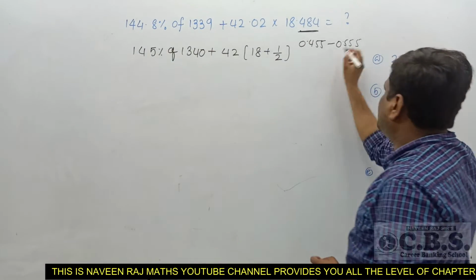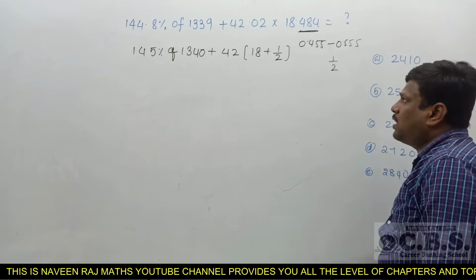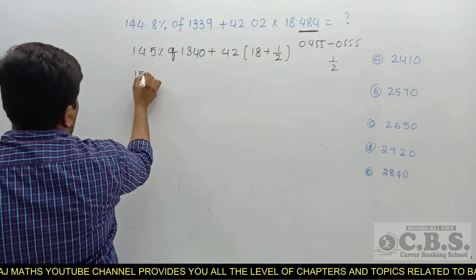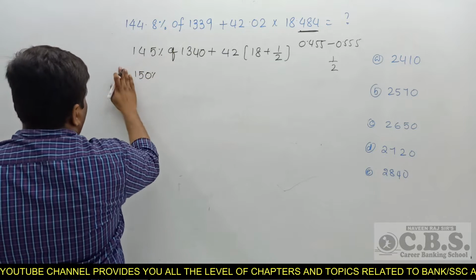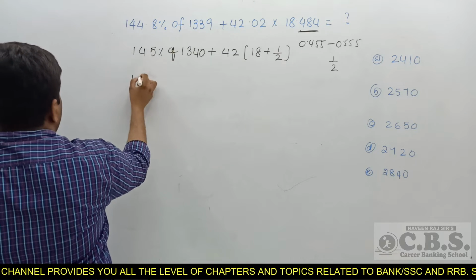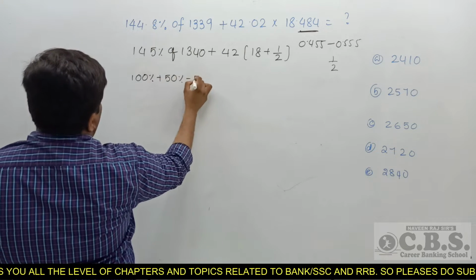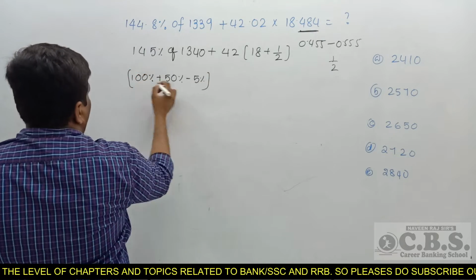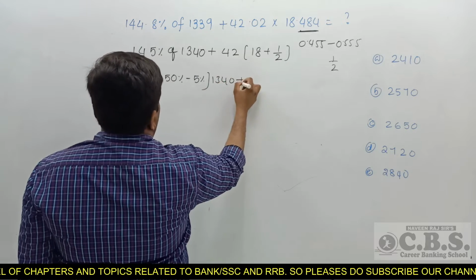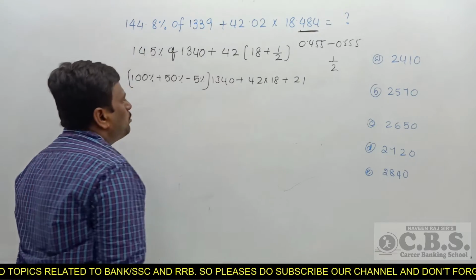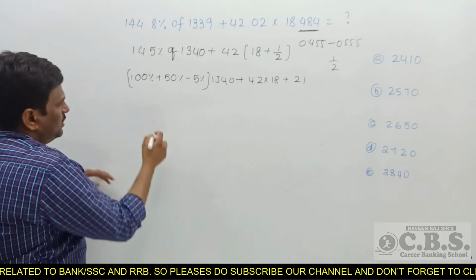Okay, triple 5, so take what value? The fraction is a very good value. So I can split it as 150 percentage. Means I take 100 percentage, 50 percentage, minus 5 percentage of 1340, plus 42 into 18, and half of 42 is 21. Get my point? So 100% means the full number.